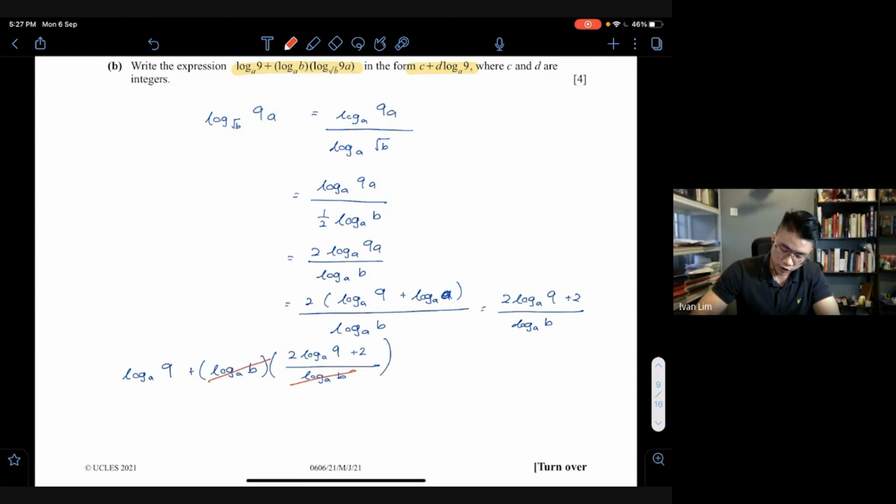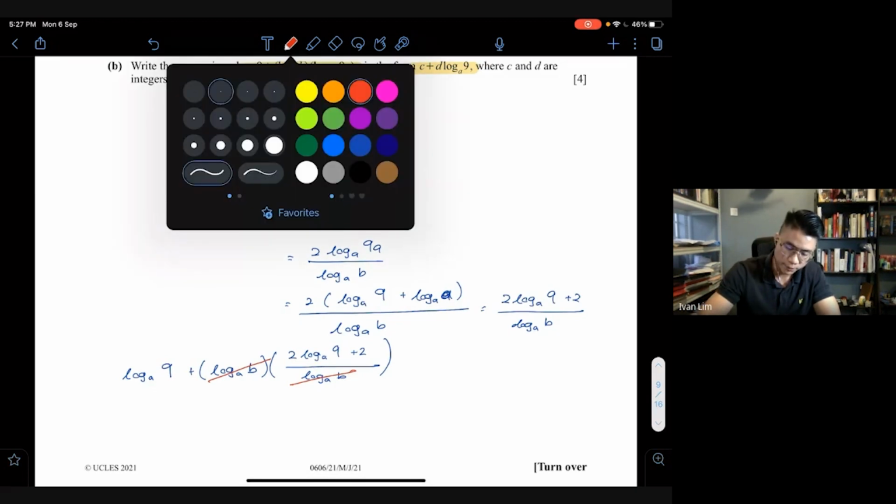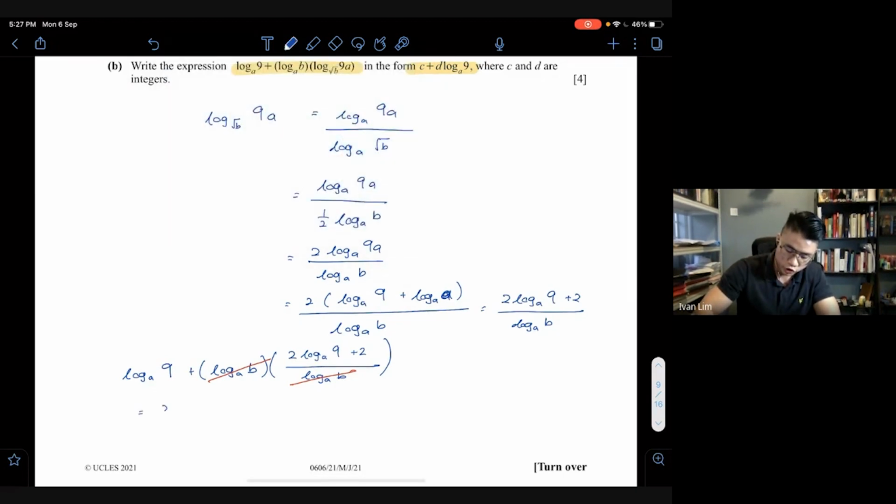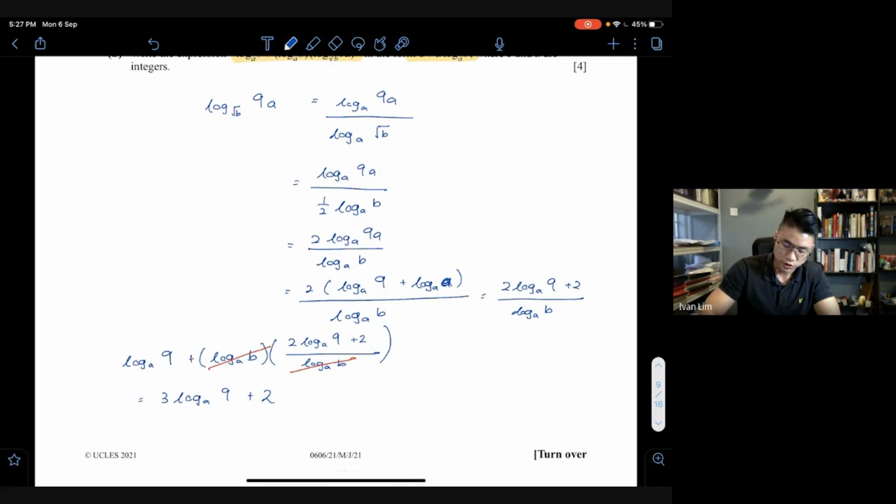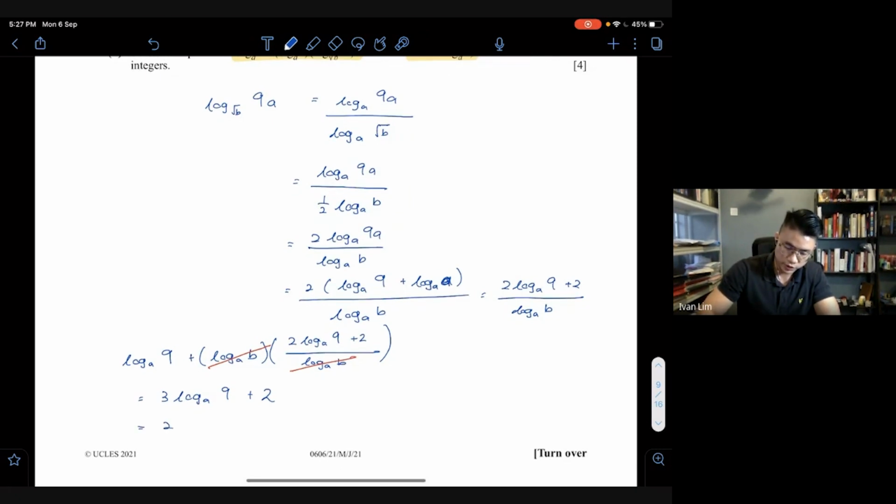Then you get log A9 plus 2 log A9 plus 2. So 1 plus 2, you'll get 3 log A9 plus 2. Or you write it the other way around, like how they want it: 2 plus 3 log A9.